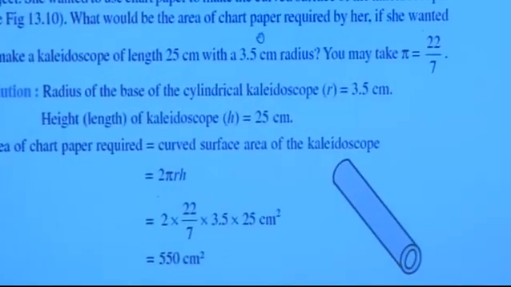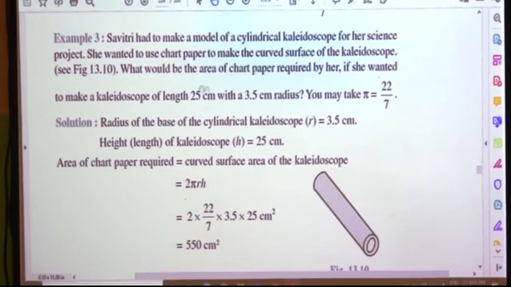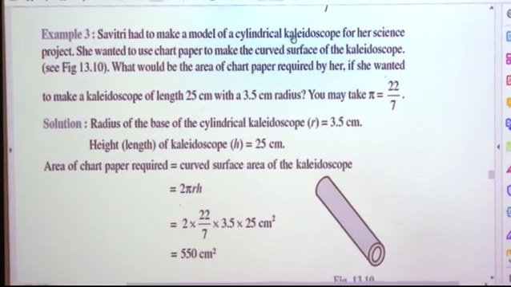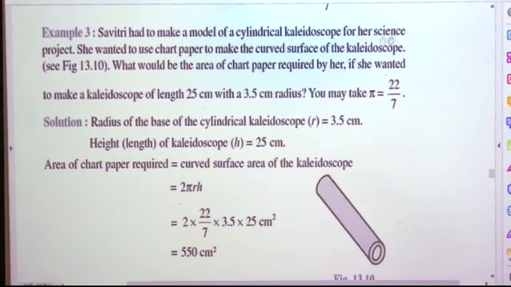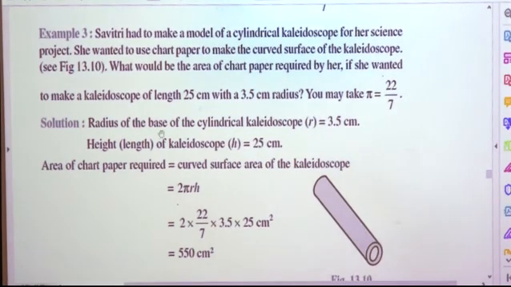Proceeding further, we shall study example 3. Savitri had to make a model of cylindrical kaleidoscope for her science project. Here you can see the figure of the kaleidoscope. She wanted to use chart paper to make the curved surface of the kaleidoscope.